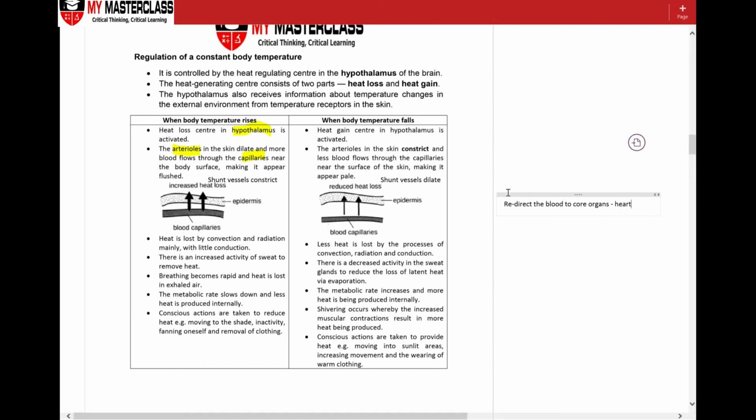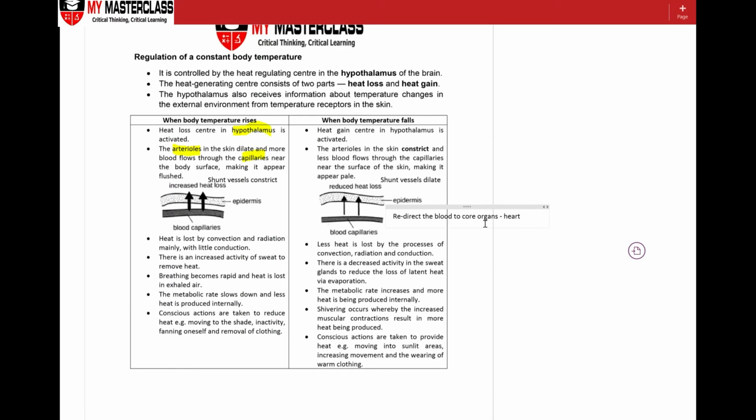Digestion rate will slow down because at that point in time we don't really require digestion. That's why for some people, when they are exposed to extremely cold weather for long periods of time, frostbite happens. And frostbites normally happen to the extremities such as the toes and the hands, the fingers itself, because blood is being redirected away from the skin surface layer.